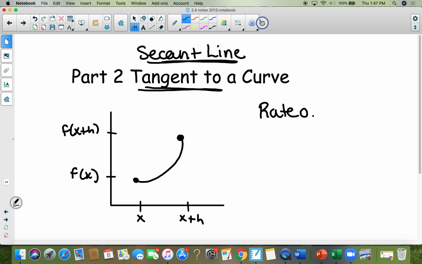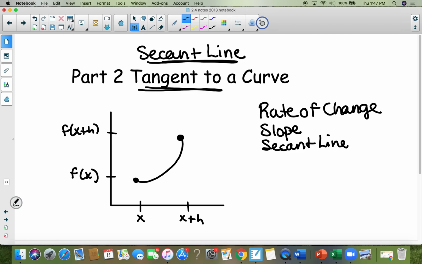Rate of change, which is equal to the slope, which is equal to the secant line. Correct? We talked about all of this. The rate of change is another name for slope. Another name for slope is if I drew a secant line from one dot to the other dot. That is the secant line, correct?